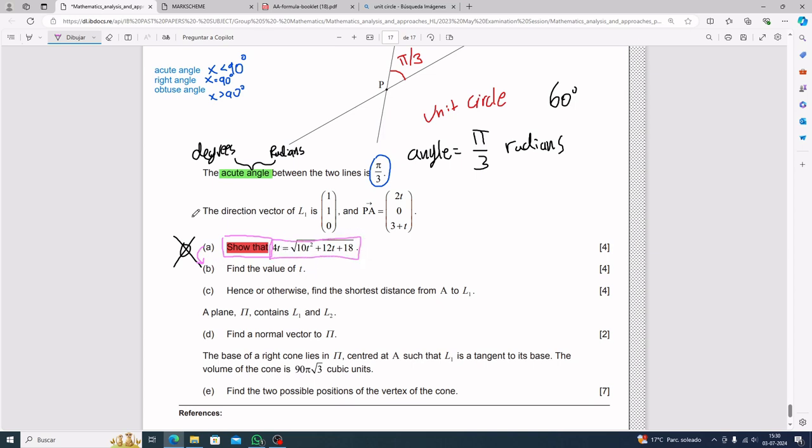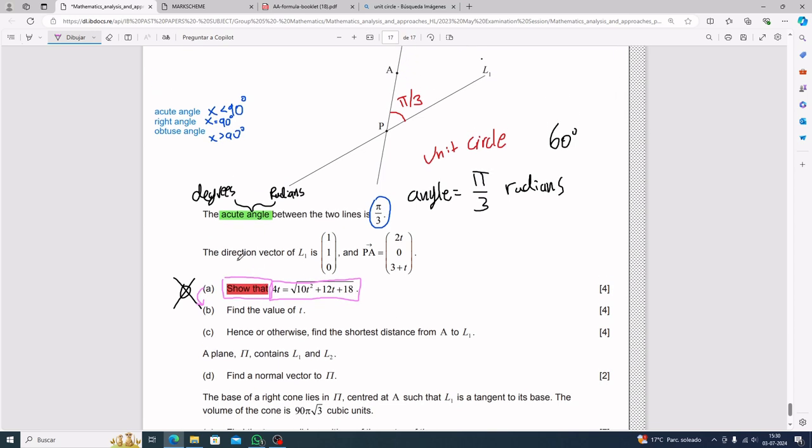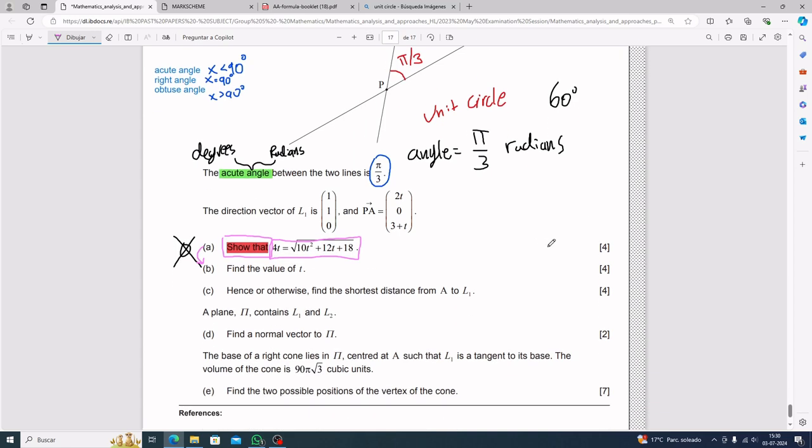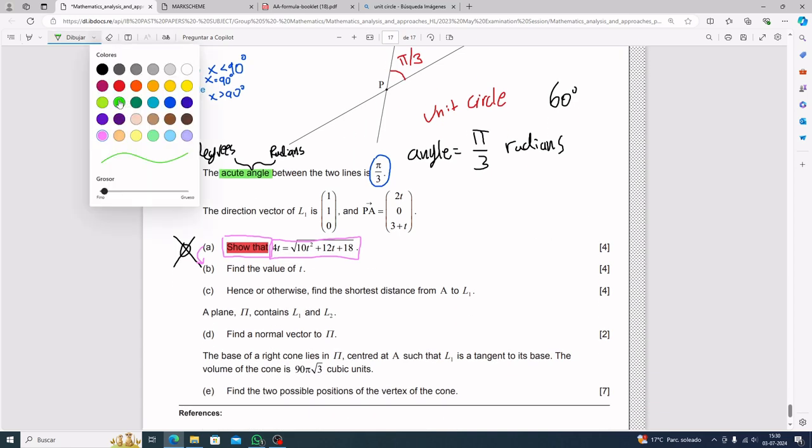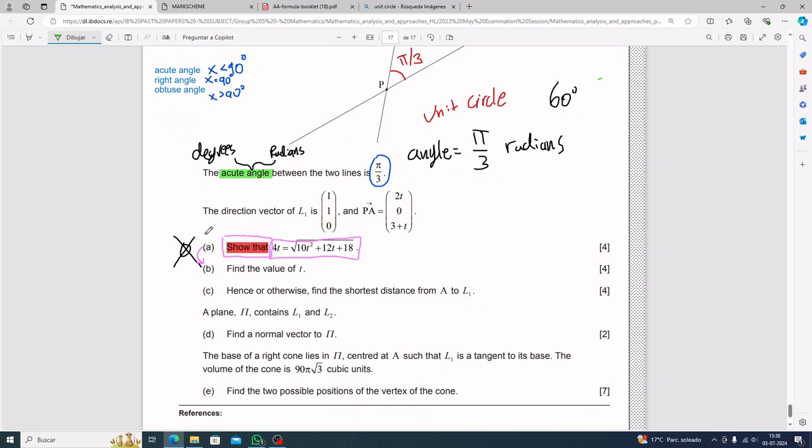So if you realize that you have the buzzword "show that" in the question, and you're having a lot of trouble showing that, you can use it as factual information. What I'm saying is that right now, if I was low on time, I could completely skip part A. Yes, I miss out on 4 points, but I have the chance of earning 4 points by finding the value of t with what I have in the pink rectangle.